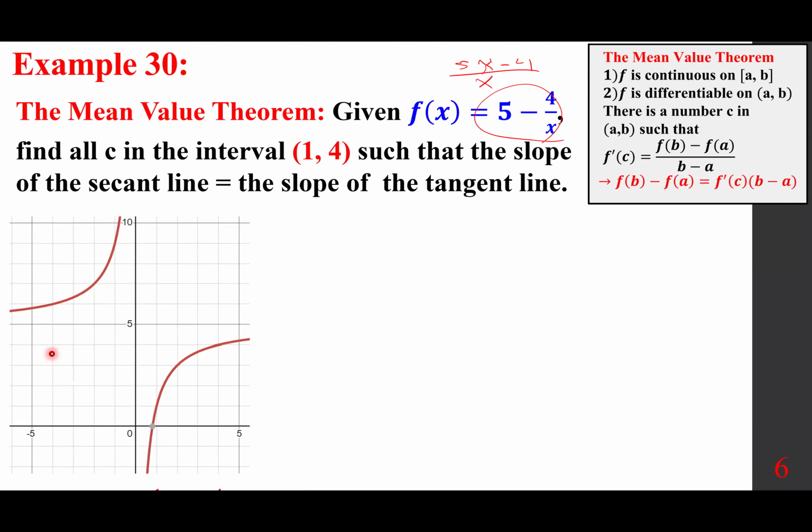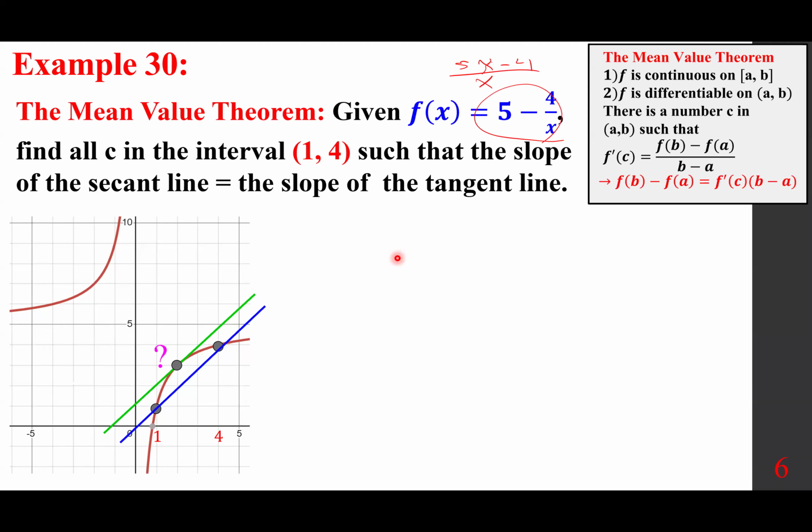So we're going to locate 1 and 4. Connect them. This is the secant line. And according to the mean value theorem, there is some point in between that we can draw a line parallel to that. So we are looking for that point. That's it. That's the question.